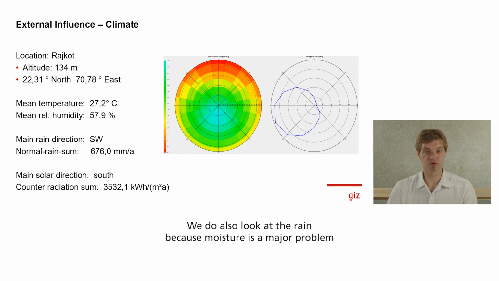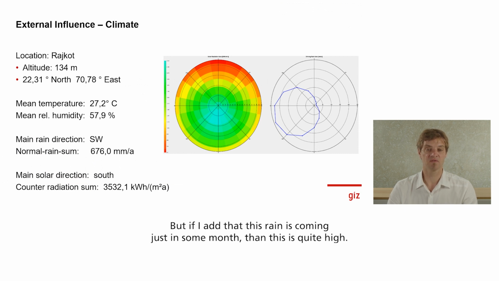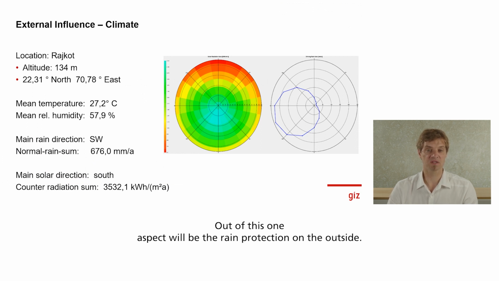So we also look at the rain, because moisture is a major problem within the durability of constructions, and we will see that the main rain area is from the southwest. We can also see on the left hand side that with 676 millimeters per year the rain is not too high, but if I add that this rain is coming just in some months, then that is quite high. So one aspect will also be the rain protection on the outside.